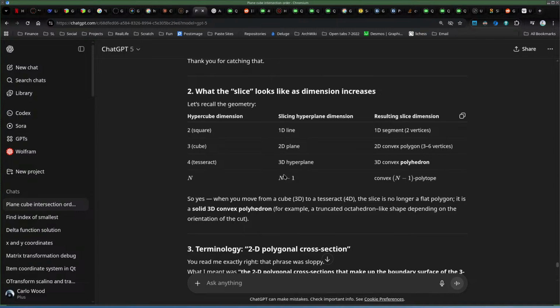1, 2, 3, n minus 1. This is called a segment. A convex polygon. Okay, as long as I understand that a polygon is 2 dimensions, which I just got from Wikipedia.